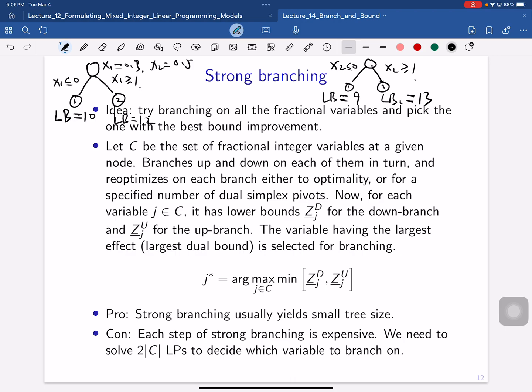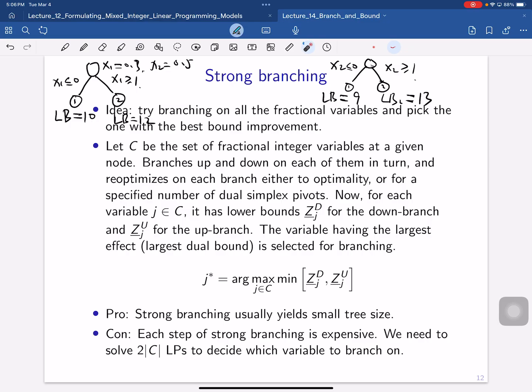So I've tentatively branched on all the fractional variables. And as I said, which variable should I use at the end? I will pick the variable to branch on that gives the best bound improvement. So in this case, which variable gives me a better bound improvement?